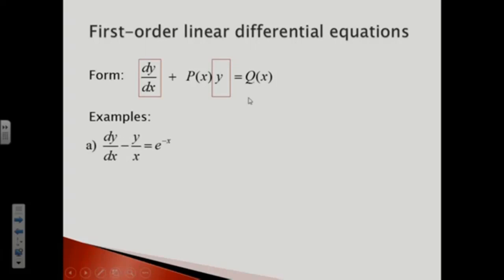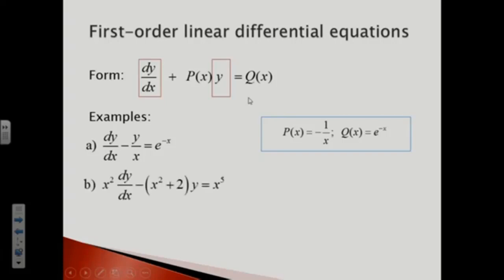For example, the differential equation dy/dx minus y/x equals e to the minus x is first order linear with p(x) = -1/x and q(x) = e^(-x). Another example is x squared dy/dx minus (x squared plus 2) y equals x to the fifth.